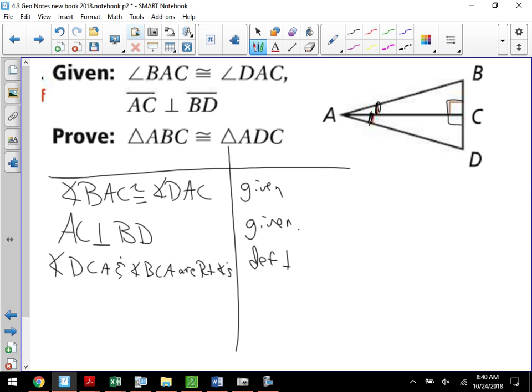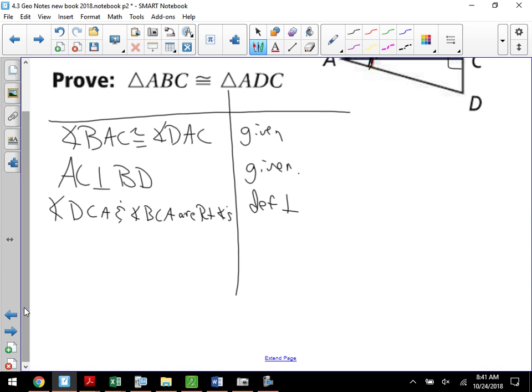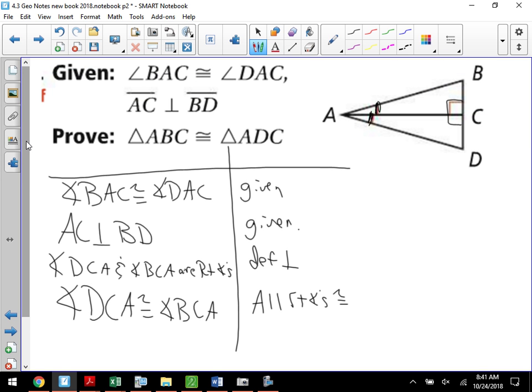Definition, perpendicular. After that, the progression sheet tells you to state that they are congruent, because right angles are congruent. Now, according to your diagram, you have two sets of angles.